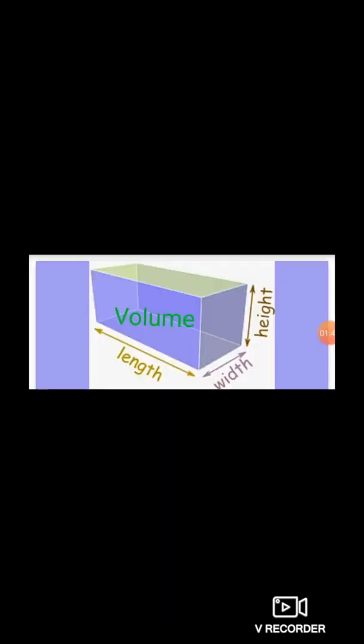In this figure we have a three-dimensional object with length, width and height, and the product of this gives us volume. For example, a box has height. If you take a sheet of paper and draw anything on it, it is a two-dimensional picture.